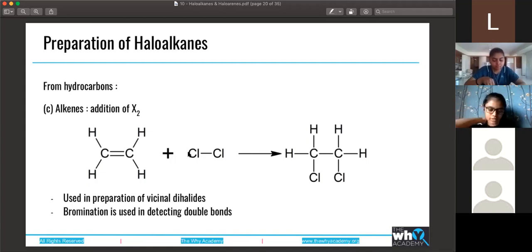Maybe Cl2 will not break down as easily as Br2. Not really. How is it a test for unsaturation? What are you doing in that test?